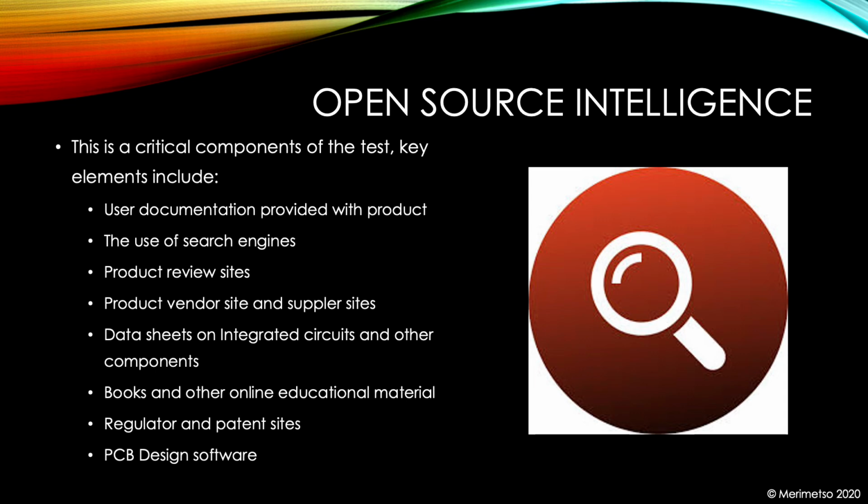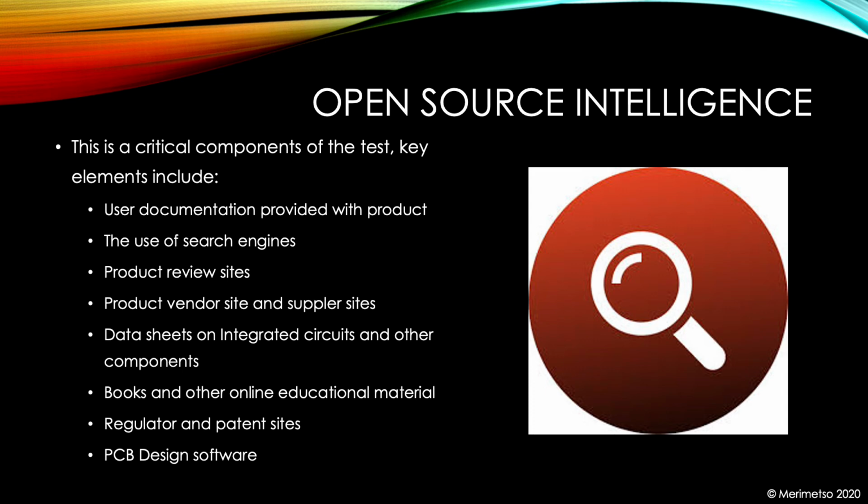Data sheets I've talked about. Books and other online educational material. Perhaps the products that you're dealing with in terms of integrated circuits or the device itself has been analysed elsewhere. Perhaps an integrated circuit, a controller chip for example, these are typically ARM chips, but perhaps they've been analysed somewhere else.